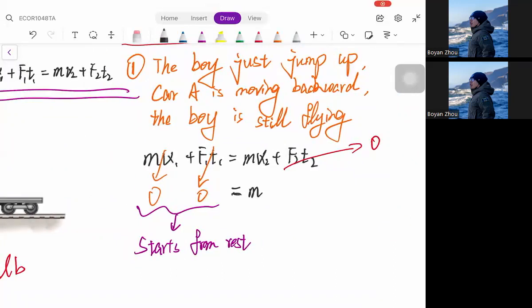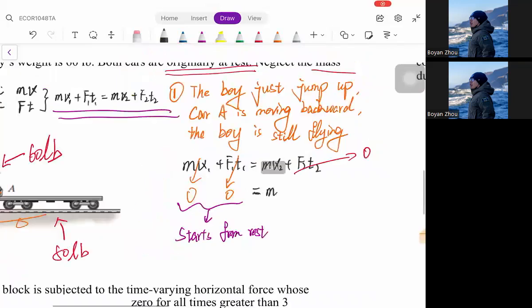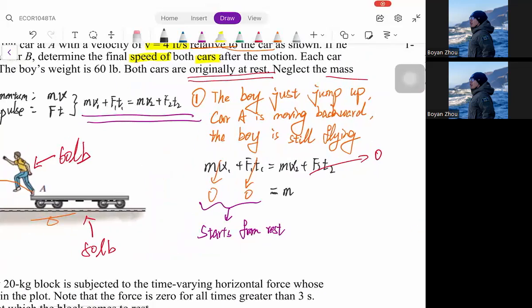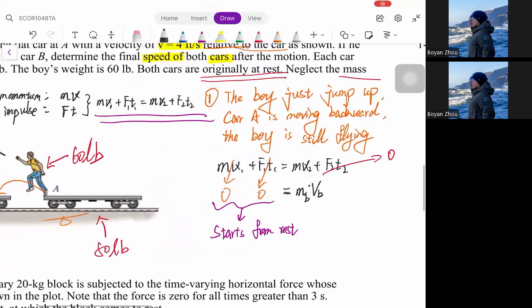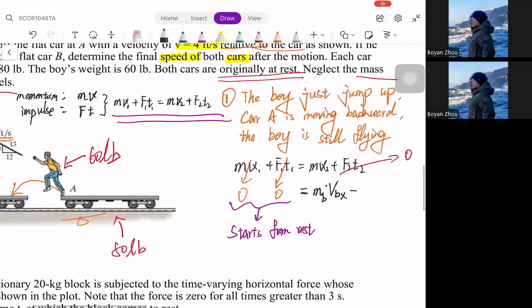So it's going to be the momentum of the boy, m_b v_b, in the x direction. We're only analyzing the horizontal direction, because in the vertical direction the car is not going downward, so we don't need to consider it.